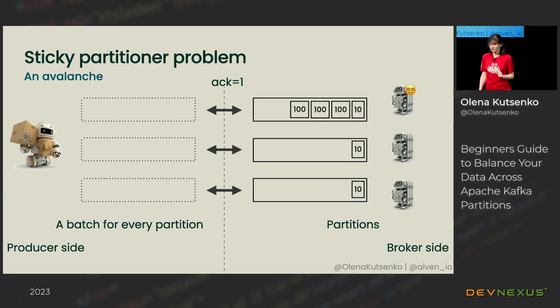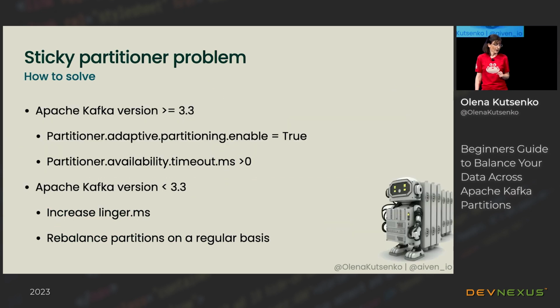This issue was recognized and fixed in Apache Kafka 3.3. So now you have two properties which you can set. The first one is to enable adaptive partitioning. This will allow the partitioner to smartly approach the slower brokers. The partitioner will try to send more data to the faster brokers.